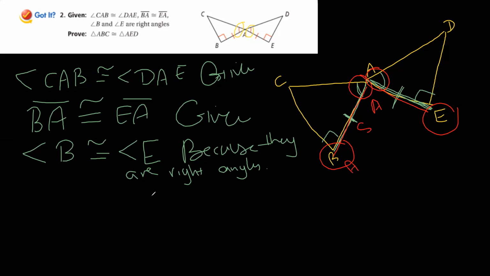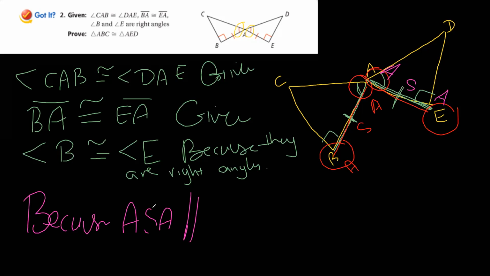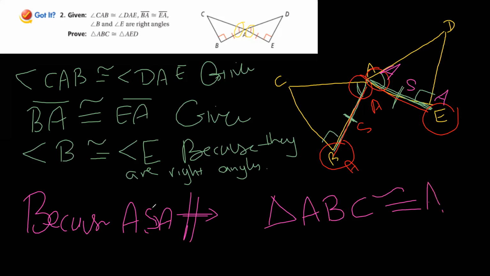Can I use now ASA? So I use now ASA. Because of the postulate ASA, I conclude that triangle ABC is congruent with triangle AED.